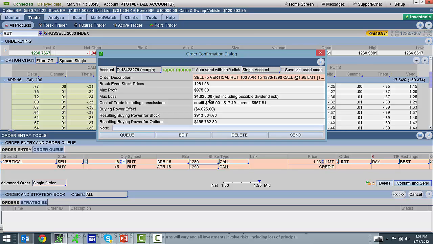Now, some people, as I've presented this, have said that's horrible. Why would you look to make $975 when you're risking $4,000? Well, it's simple. It's a probability-based trade. It's got about an 80% probability of making $975 at expiration.